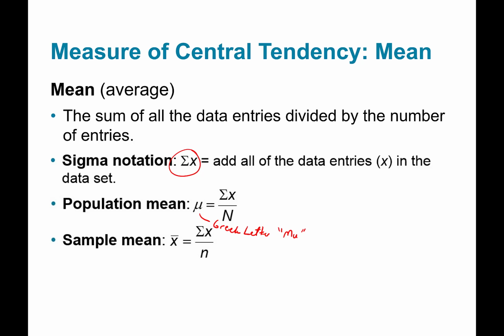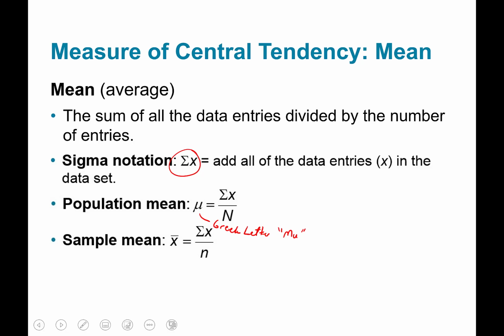It's just a u with a little tail. It's the sum of our data values, so the sum of x, divided by n. And remember, n is our population size, right? So it's however many data values you had.